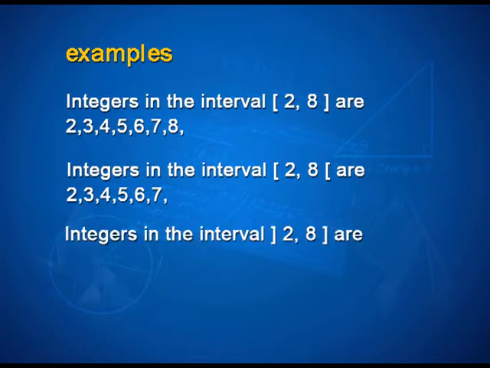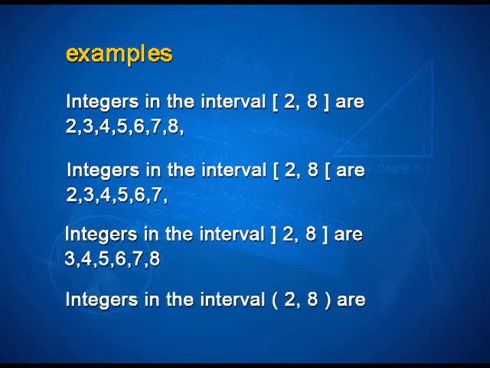Similarly, integers in the interval 2 comma 8 open bracket 2 and close bracket at 8 are 3, 4, 5, 6, 7 and 8. Integers in the open interval 2 comma 8 are 3, 4, 5, 6 and 7.